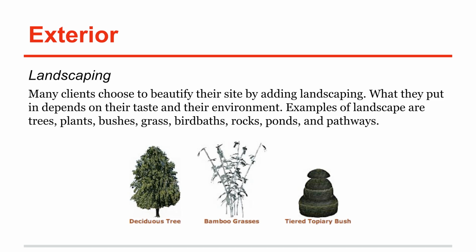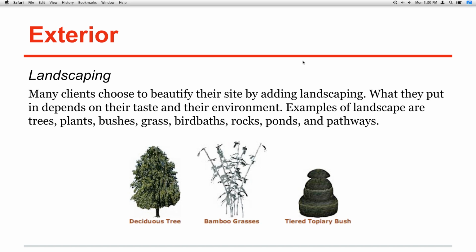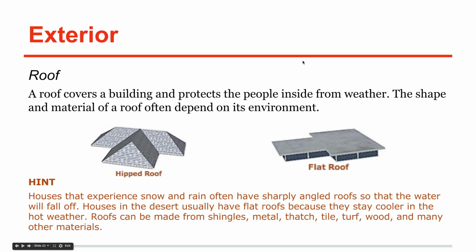Maya stated she's seen white roofs that reflect sunlight for summertime. Luke stated he has bamboo in his backyard. Okay. Once again, just looking at roofs. And piggybacking off what Maya said, in the desert, usually houses will have flat roofs because they stay cooler in hot weather. And roofs come in a variety of different materials.